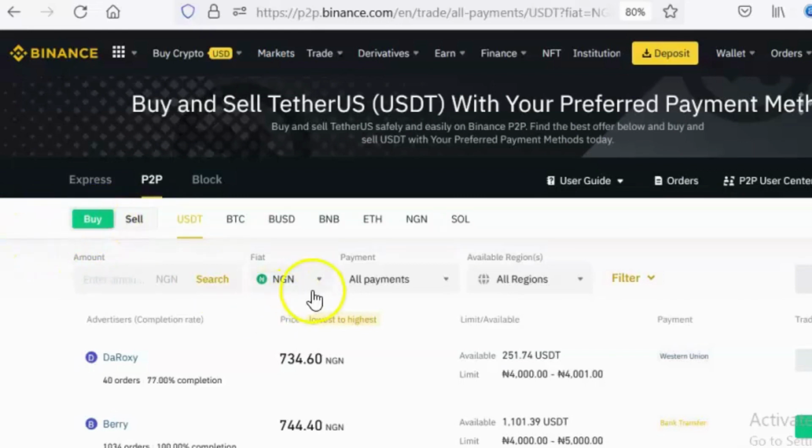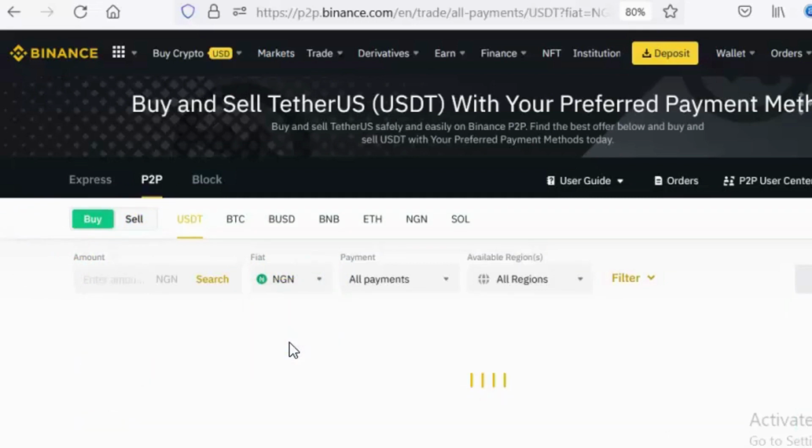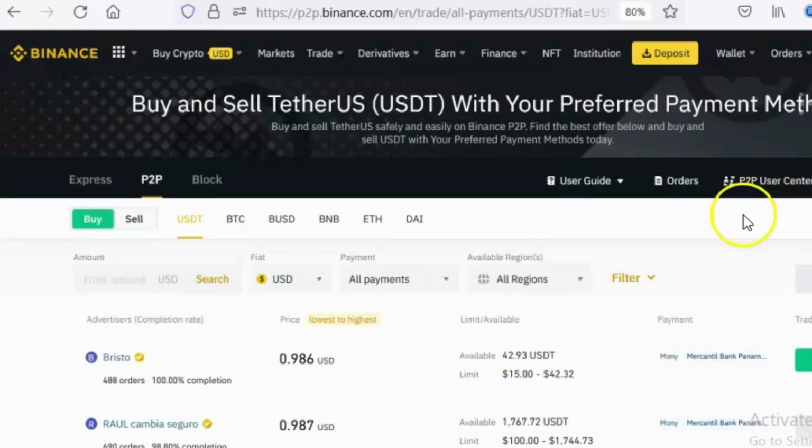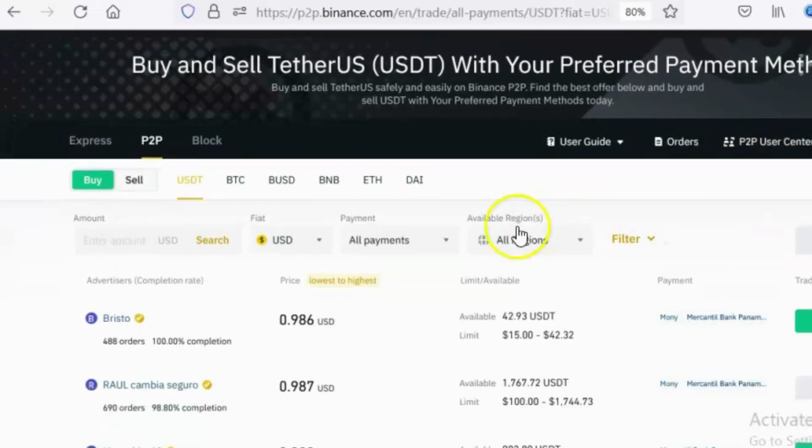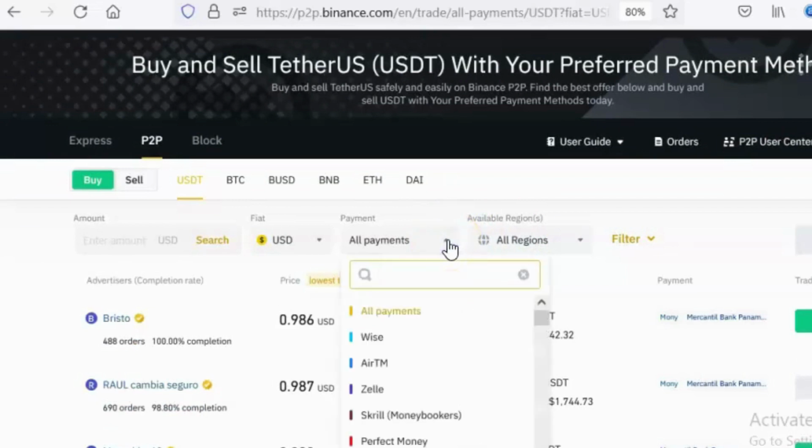All we need to do is identify the currency we want to use. Let's take US dollars as the currency we want to use to buy. So that is what is stated here. Then this indicates the various options for accepting payment. But let's look for someone who has a particular mode of payment that is suitable to us.